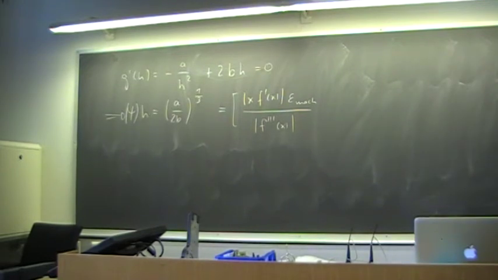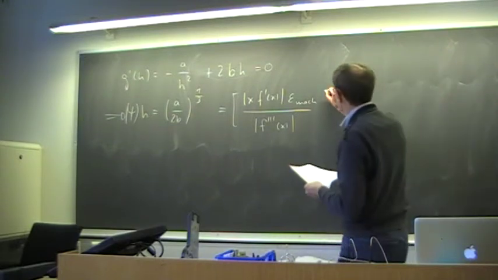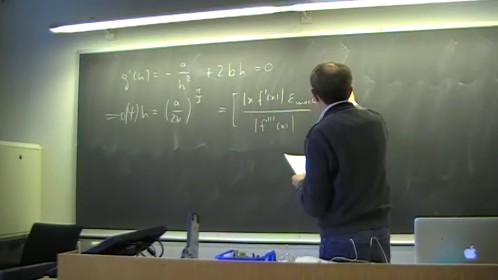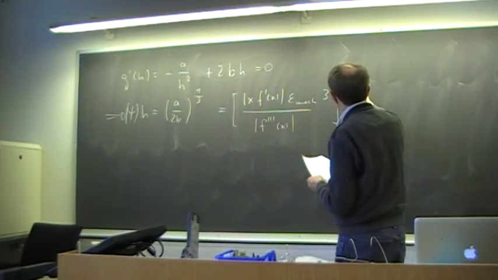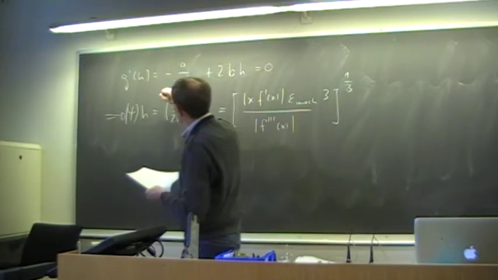So we have a 2 in the denominator, but we also have the 6, which will come in the numerator. 6 divided by 2 is a 3, so we get a factor 3 in here. And that is then taken to the power 1/3. So that is our formula.